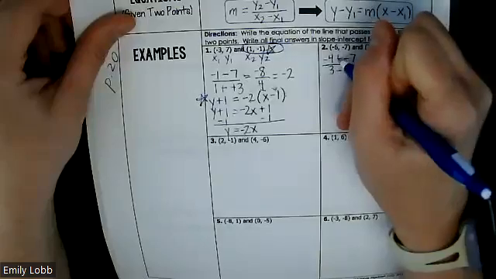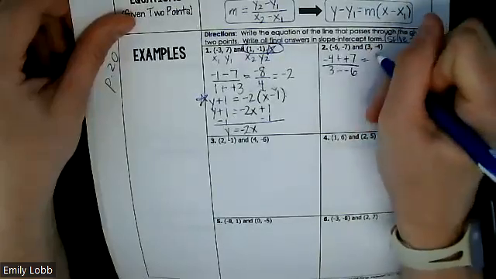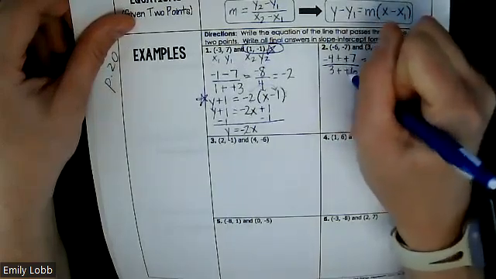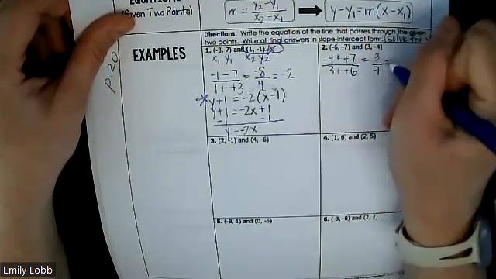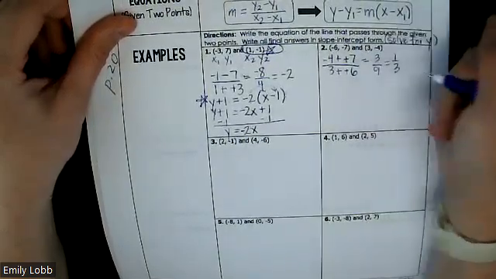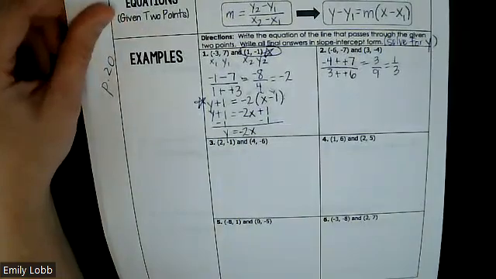So this is really 3. This is really 9. We do need to simplify. We can divide them both by 3 to get a slope of 1/3.